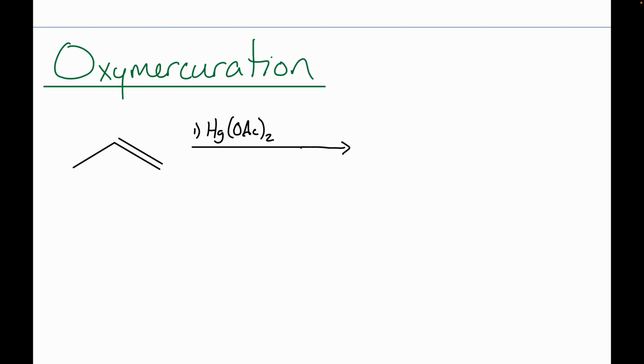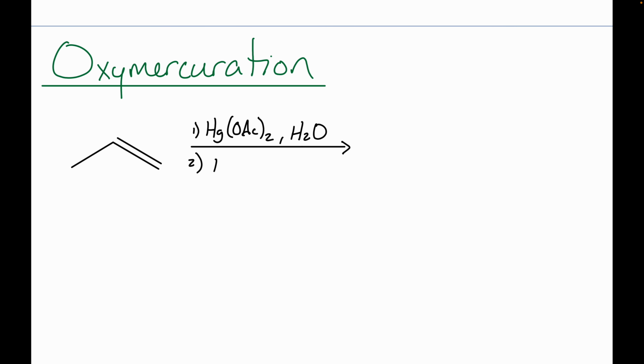And water. And then in a second step, in order to get our alcohol product, we treat this with sodium borohydride. All right. This will also create a hydration product, an alcohol, and it will also be Markovnikov.